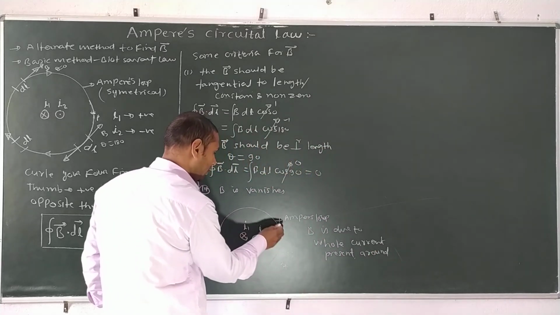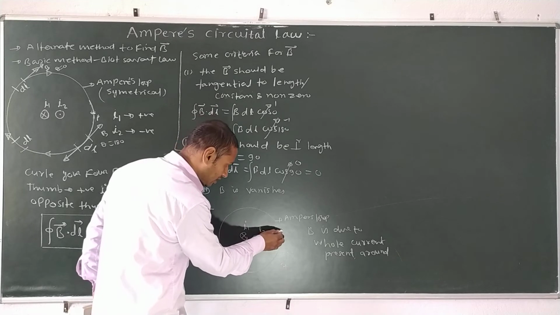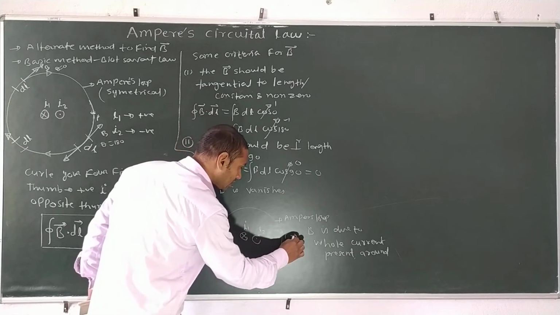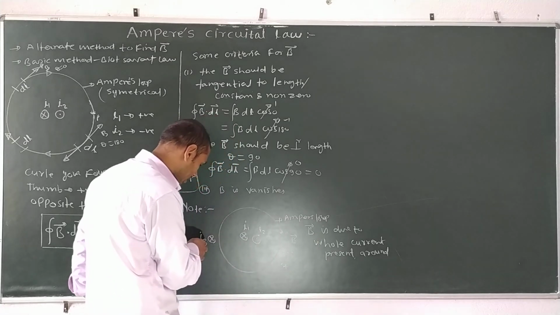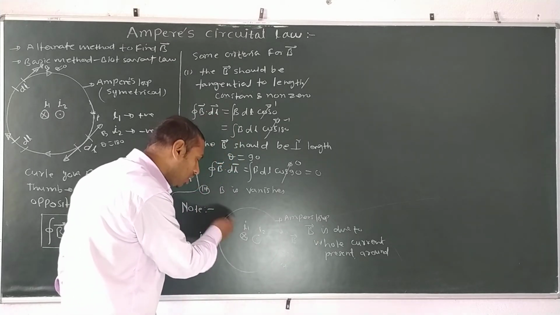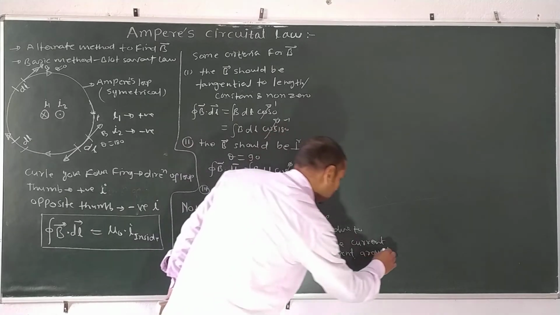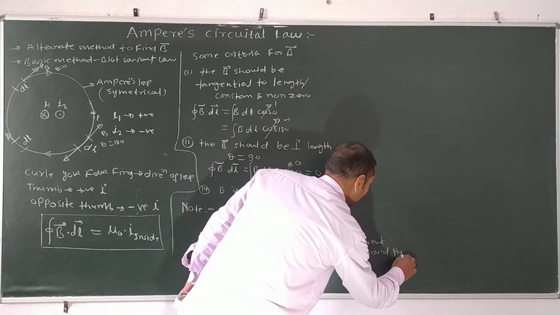Means if you want to find the magnitude of magnetic field at a point P, that B is due to the whole current, either it is inward to the loop or outward to the loop around the point.